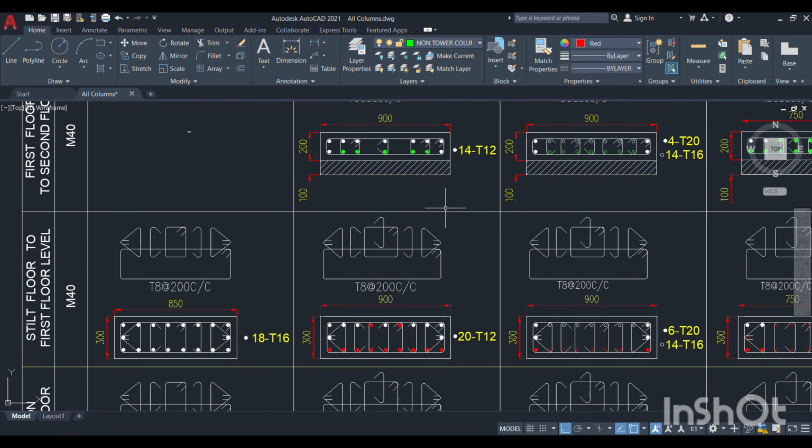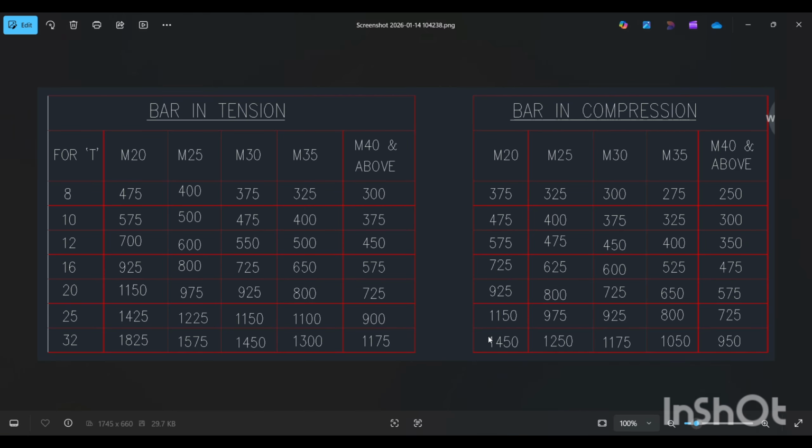Why? Because for this 25 mm dia, the lap length is 725 mm. All our ground floor beam depths are 600 mm, so we can insert the 20 dia and below rods, since all the lap lengths are less than 600 mm, at the time of first floor slab concrete.